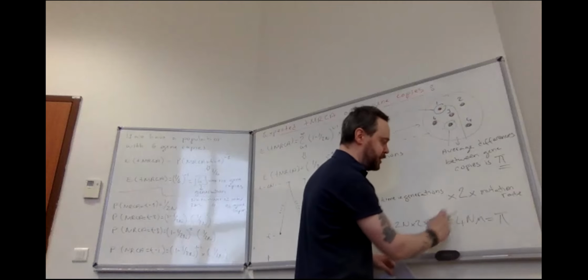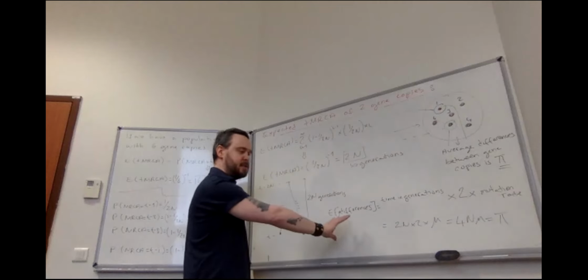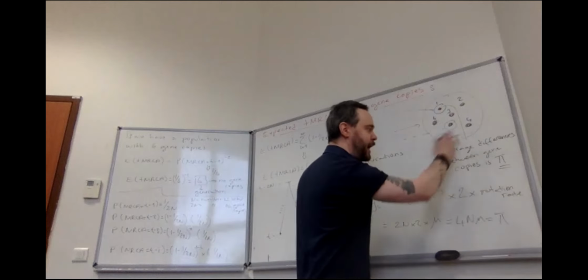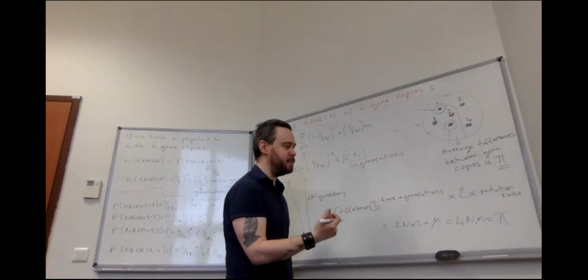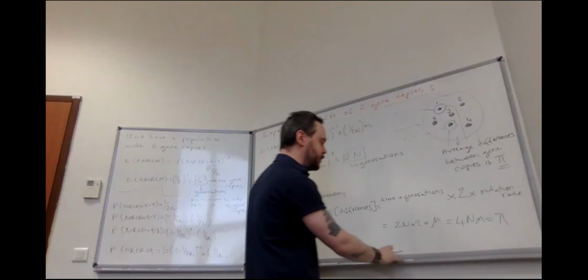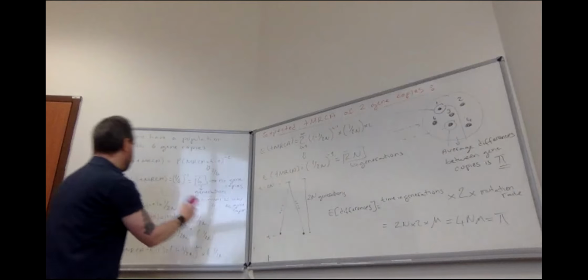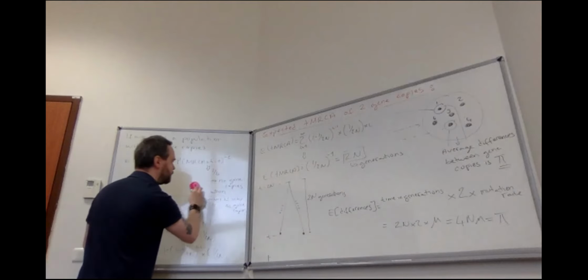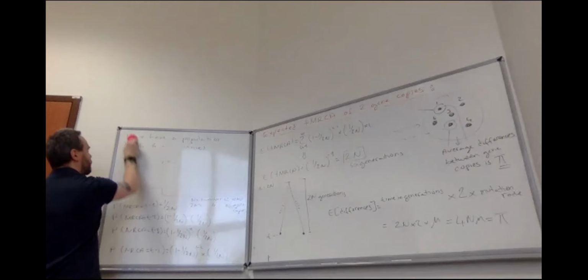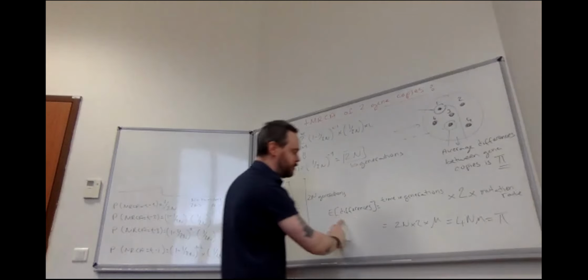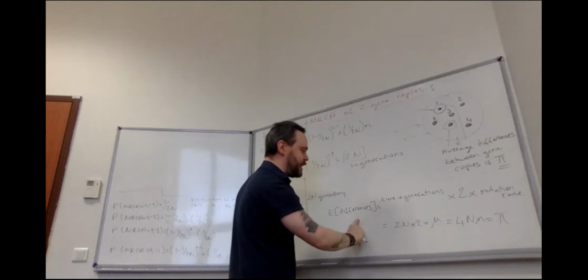And this parameter that we came up with in a totally different way is exactly equal to pi, which we've calculated before. So again, what this tells us is that the statistic pi is equal to the expected differences.